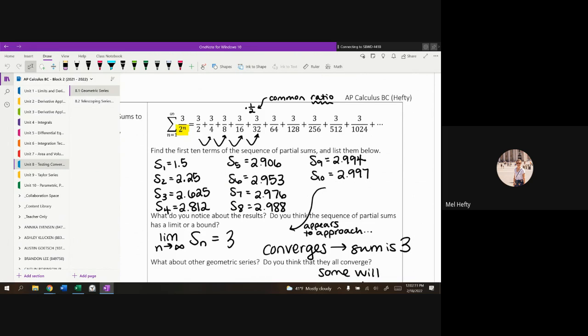They got smaller, and eventually, if I pushed all the way out to infinity, how small would they get? Super tiny. Their limit would be going towards 0, right? Because if I want this thing to converge, if I actually imagine reaching 0, I should be adding nothing on here.